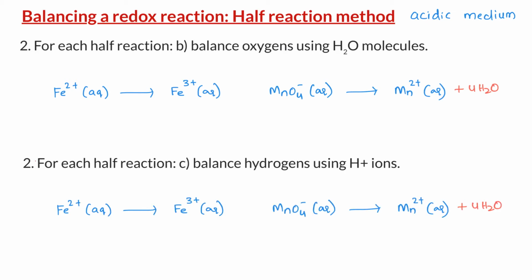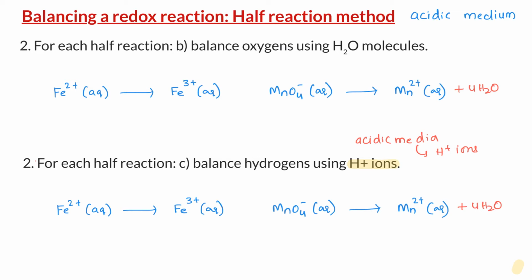Next, we balance hydrogen atoms for each half reaction by adding H+ ions to the side that has lower number of hydrogen atoms. Note that we are adding H+ ions because the reaction happens in acidic medium and we have excess of H+ ions floating around in the solution.